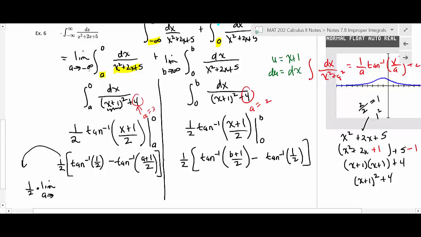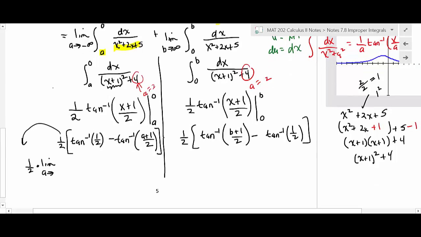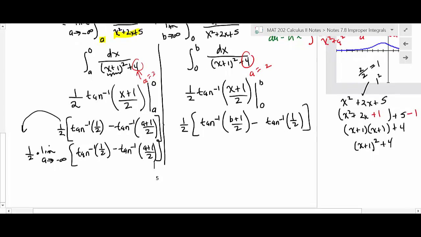If you go back up to that original integral, that was going to negative infinity. So we're going to take a to negative infinity of this stuff right here. We'll have inverse tangent of 1/2, and then minus inverse tangent of a plus 1 over 2, like that. Okay, then we can process that mostly in our head.